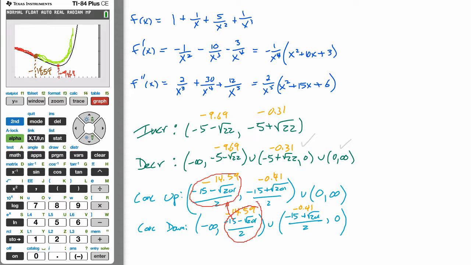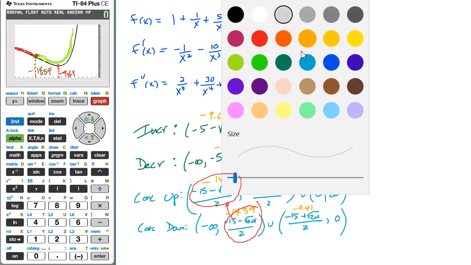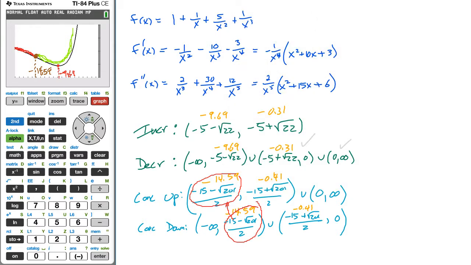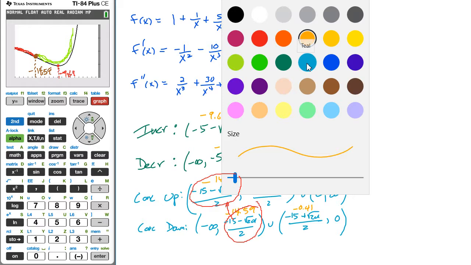Okay? And also remember that in order to show that you have an inflection point, you need to show that the second derivative is truly changing sign. Okay? So, for example, here, let's go with a purple.